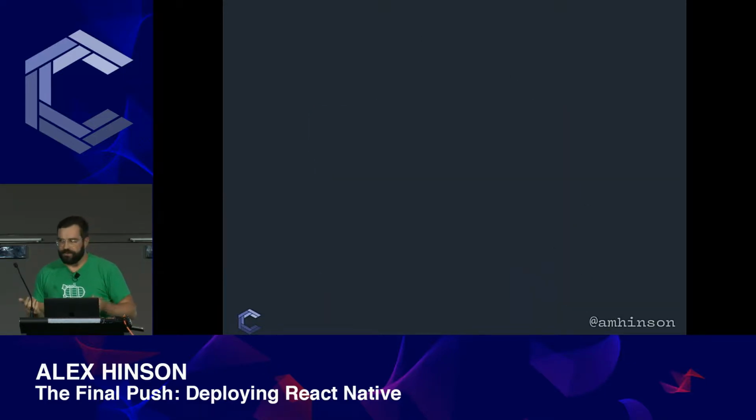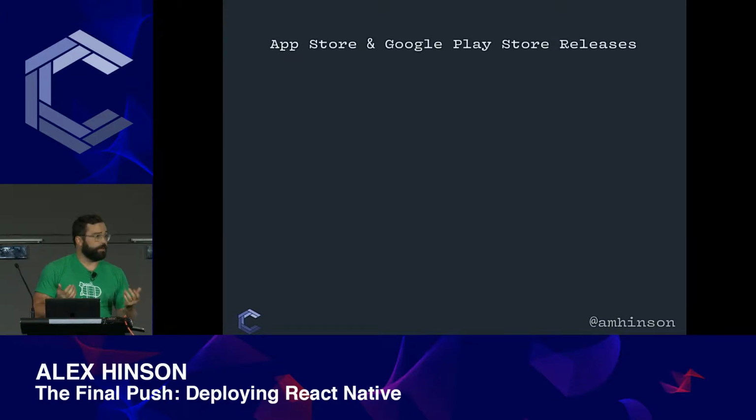However, as I alluded to earlier, mobile deployments require much more consideration and domain-specific knowledge than your average web deployment. Some high-level considerations for mobile deployments would be the App Store and Google Play Store releases.